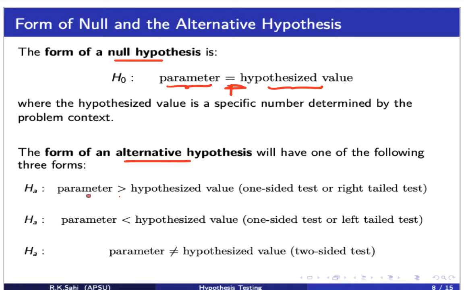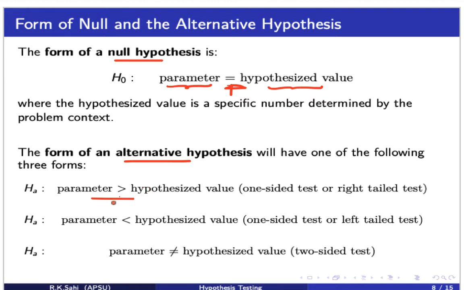When the parameter is greater than, it has to be strictly, there's no equal sign. The biggest giveaway for an alternative hypothesis is there is no equal sign. Either it is a strict greater than, a strict less than, or a not equal to sign.